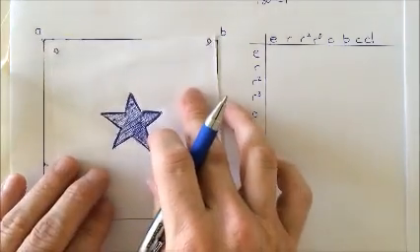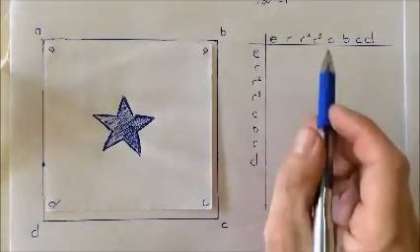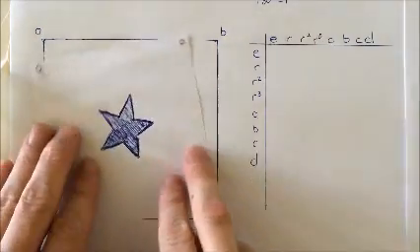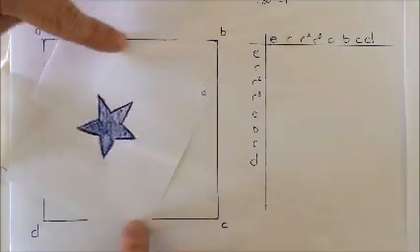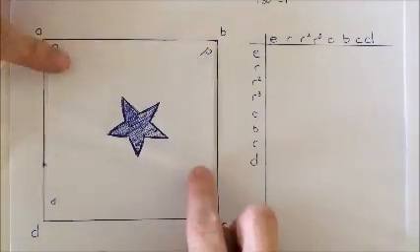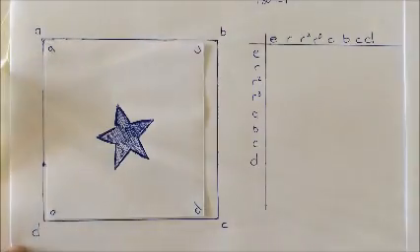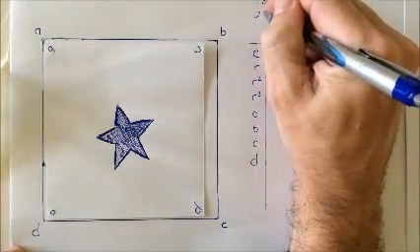Let's reset. 3 rotations, or R cubed: 1, 2, and 3. So the A is now down here at 270 degrees.